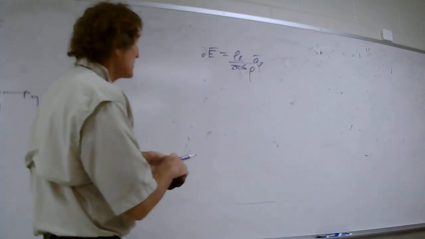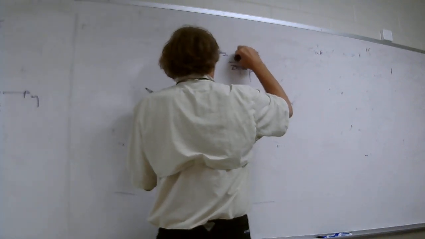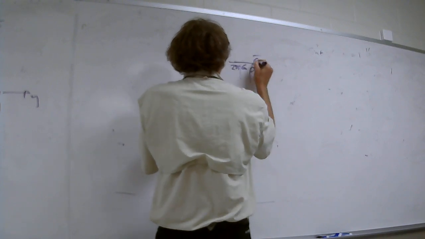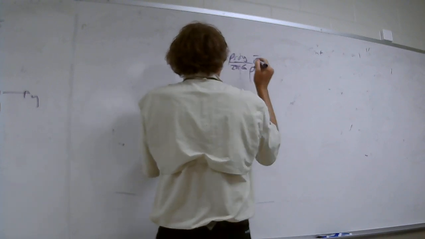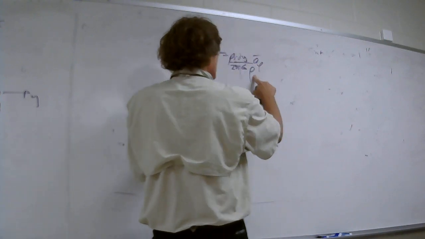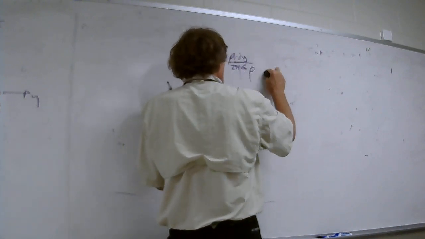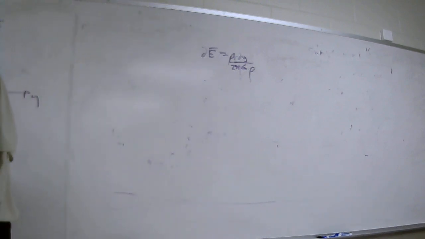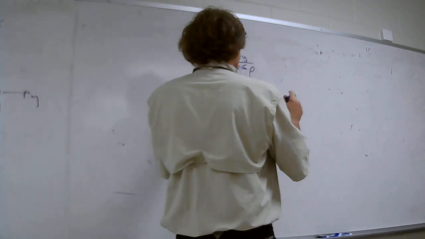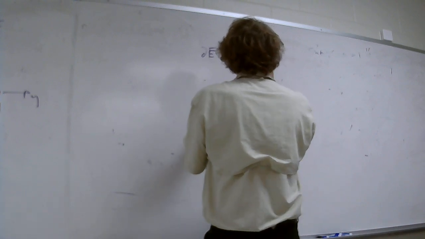So this becomes rho S dy. Now I'm going to go ahead with this. I'm going to say a rho right there is this over the magnitude of that. Right? So a rho is going to be divided by rho.